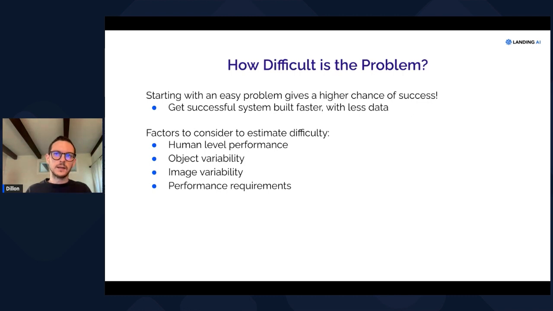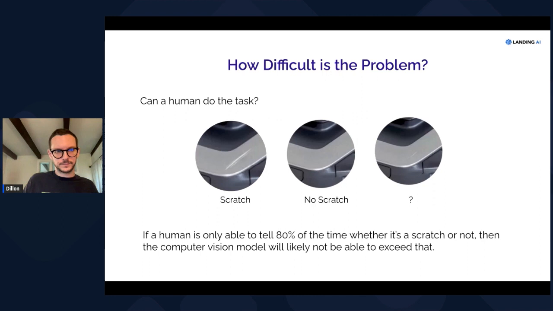Object variability, so the thing that you're looking at, how consistent does that thing look? The more variations of that you have, the more data you're going to need to collect. Image variability, maybe the lighting or the background changes quite a lot. That's also going to affect your data collection. And then finally, performance requirements. Obviously, if it's super high performance requirements, it might not be the best thing to tackle first.